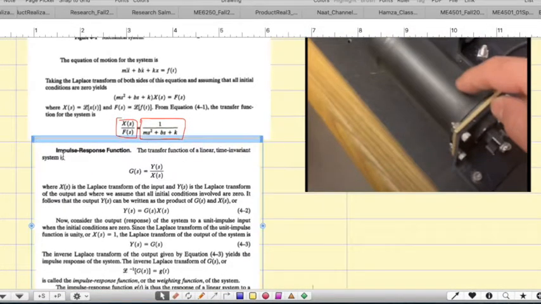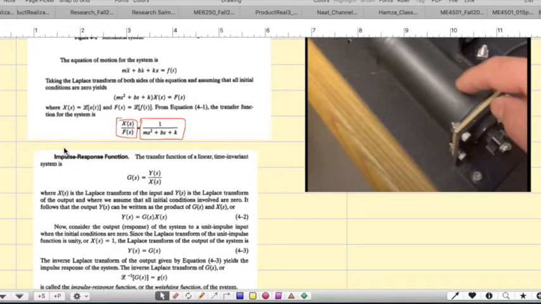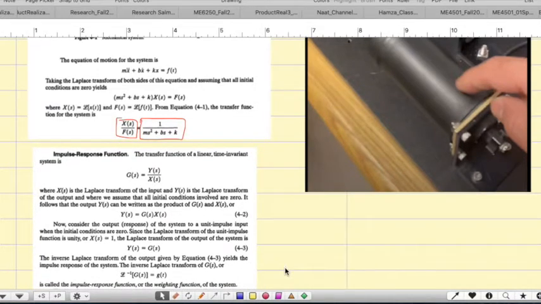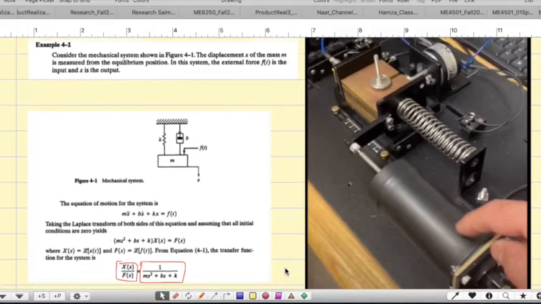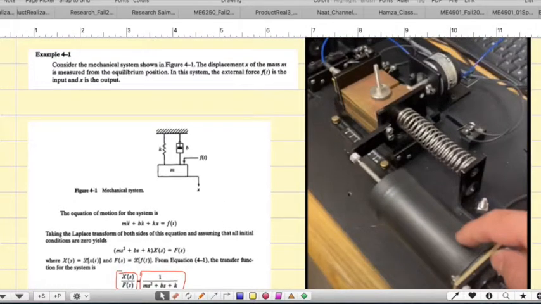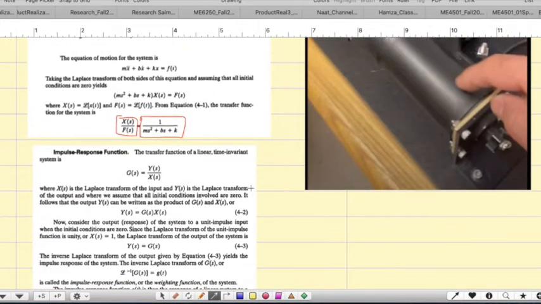This is about the impulse response function, and the impulse response is like a hammer. You just hit this system. In this case, this is our carriage. If you hit it with a hammer or like a tap, you just change the initial condition and automatically it starts vibrating. And we have to understand what is the output over input.